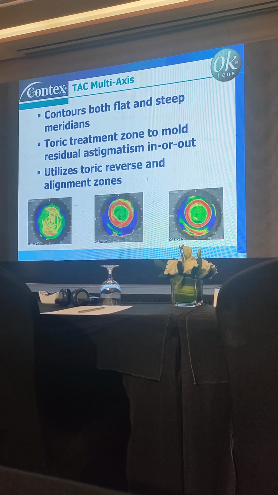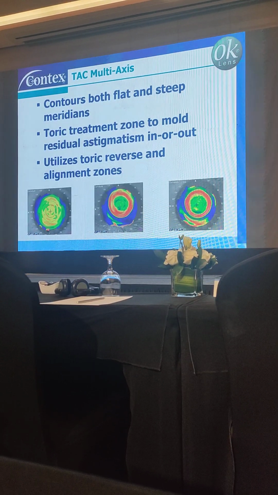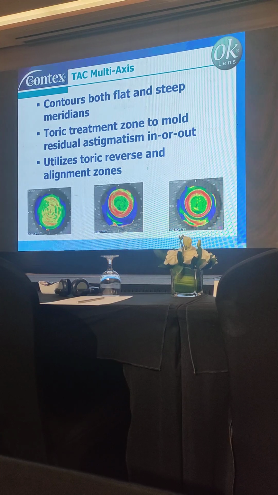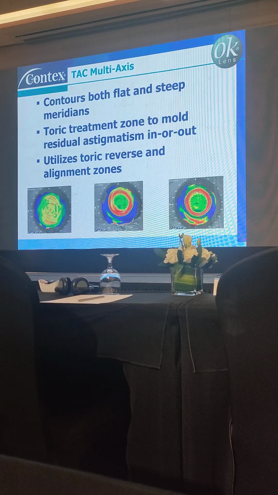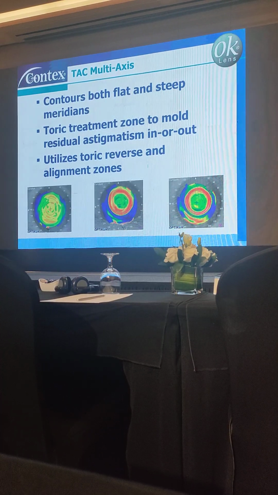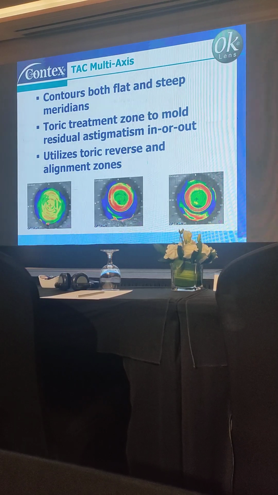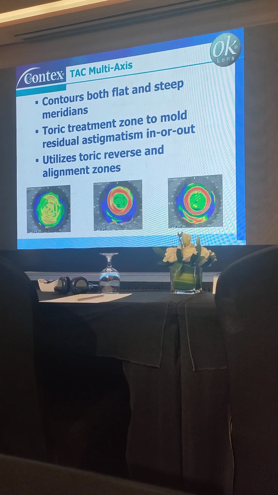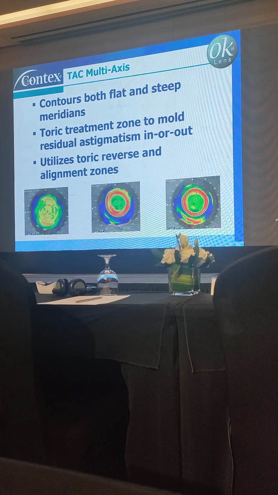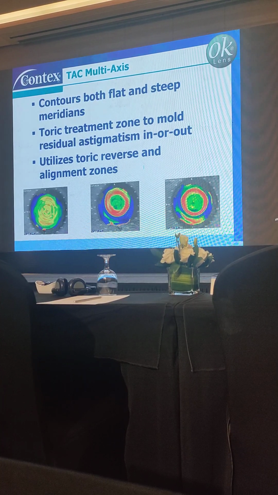So we use toric treatment zones, and you can see that we're almost inducing that steep area. You see that? We're doing that on purpose. So here it's smooth, right? It's symmetric. Then that's during the molding process, and once that patient was done and completed, you can see the astigmatism that's in there. That's from the toric treatment zone.